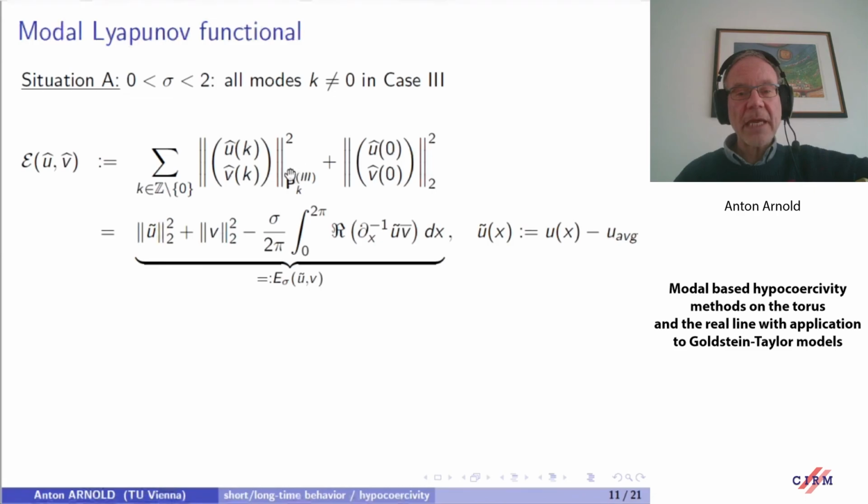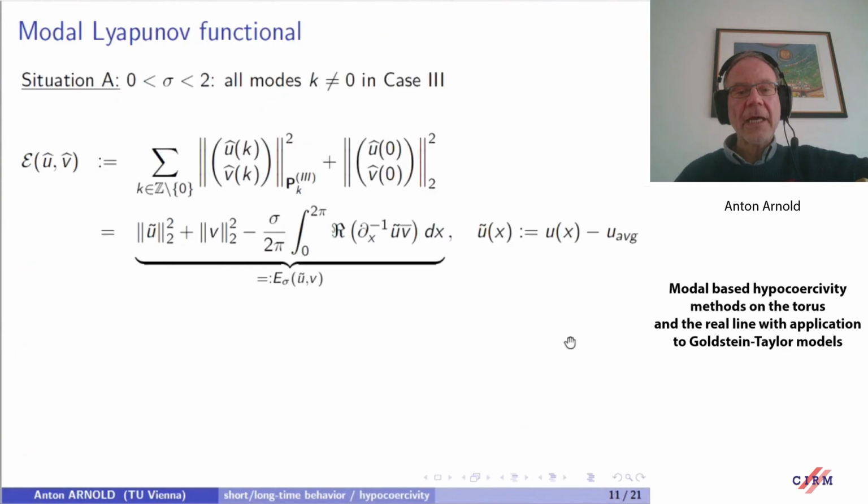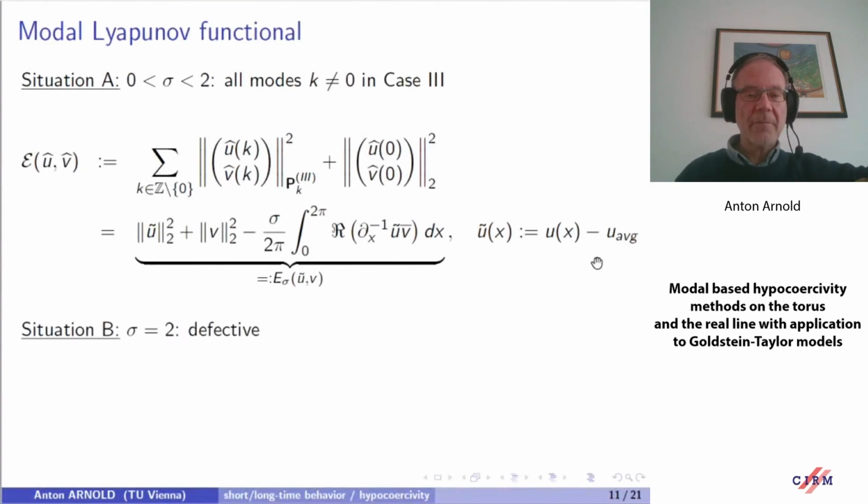Since the last matrix P_k can be interpreted in physical space as this pseudo-differential operator, I can write down this Lyapunov functional as the L2 norms of the two components, and then for the mixed term I get this antiderivative on the variable u. I put a tilde here because I subtract, for technical reasons, the average of this variable u, of the mass density, which is preserved in time.